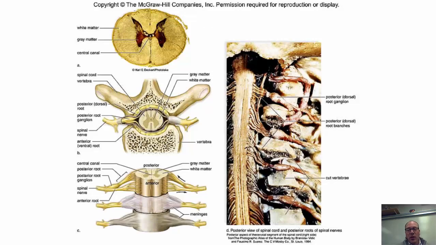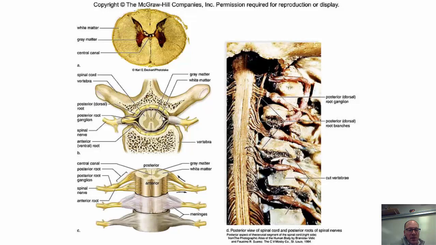Look at the spinal cord in cross-section. Now, this would be a transverse section. You see that this spinal cord has a brownish, light brownish area. This is white matter, and this is gray matter, although it looks kind of light brown and dark brown. That's because of the stain and the preservative, the fixative material, the formaldehyde that this specimen was preserved in.